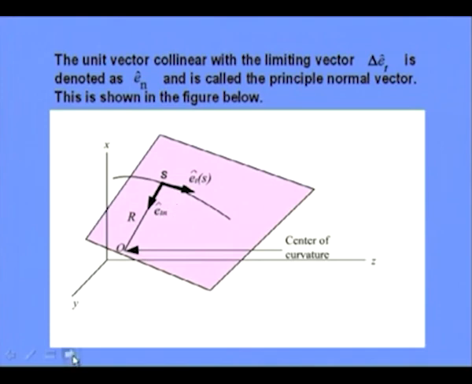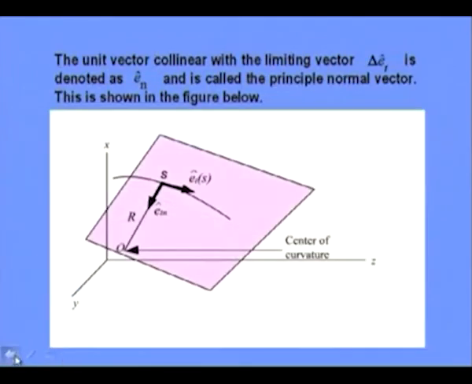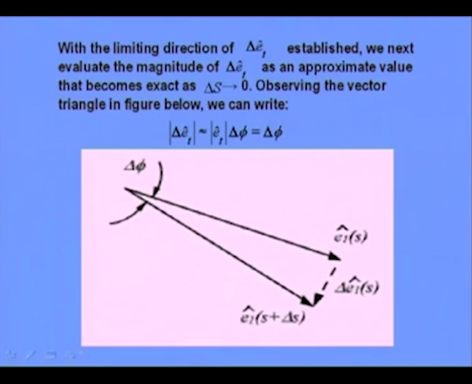With the limiting direction of delta ET established, now we evaluate the magnitude of delta ET as an approximate value that becomes exact as delta S tends to 0.